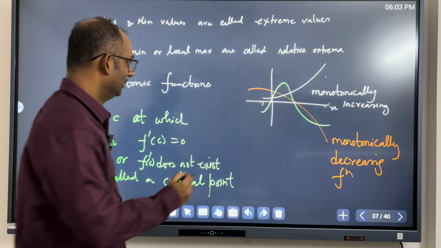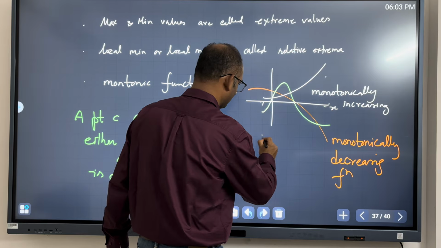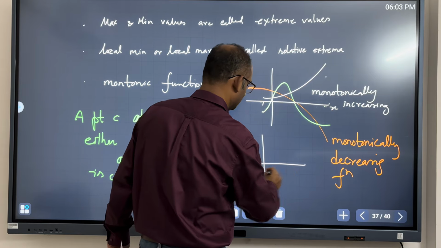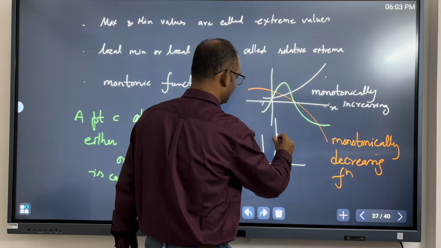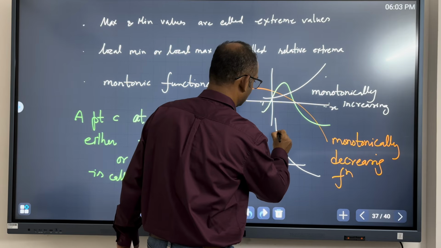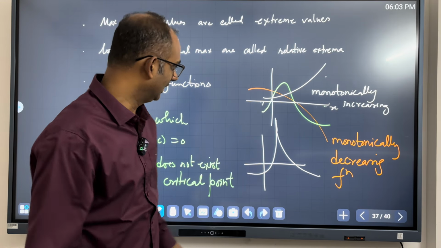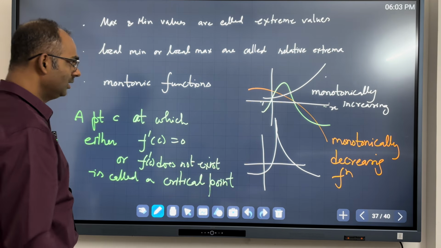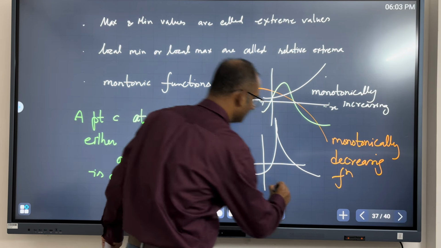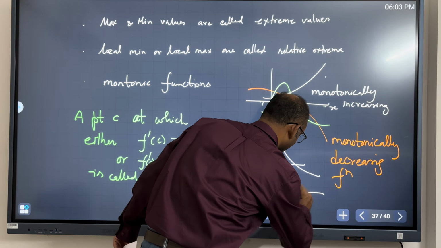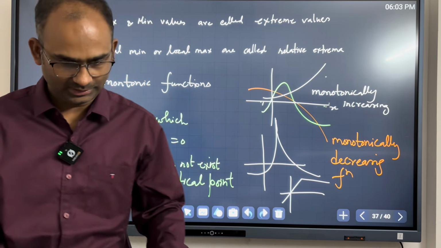So you could have a function which is like this, going to infinity, and the derivative is not defined. Or you could have just simply a kink. So a function could be like this. So here you have a kink, the derivative does not exist.